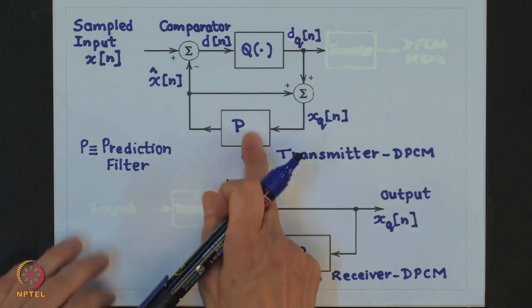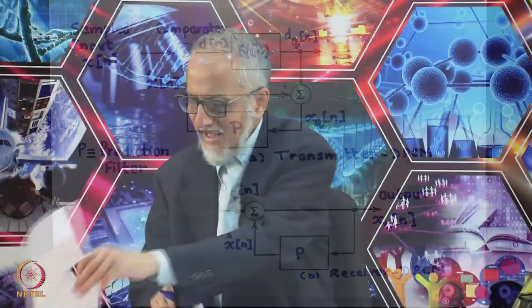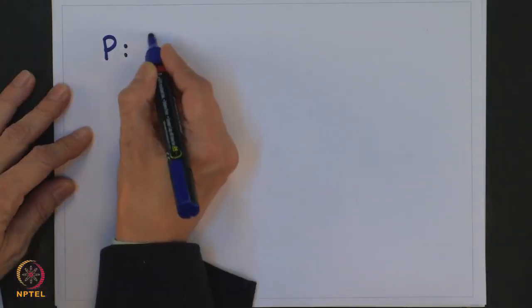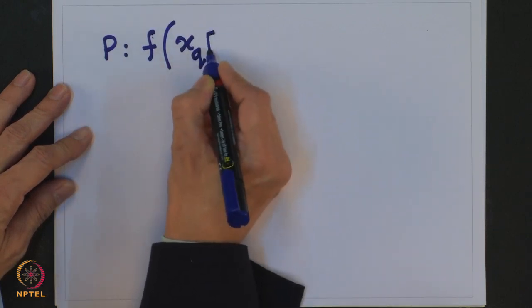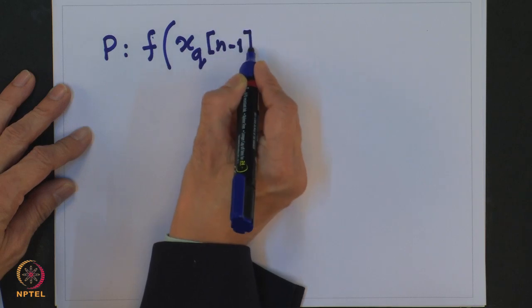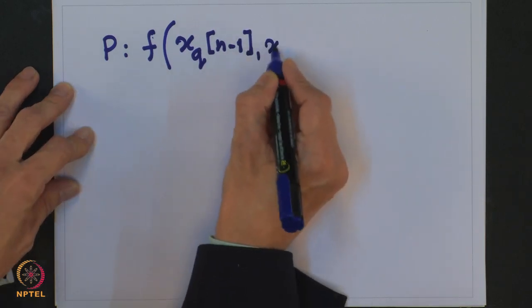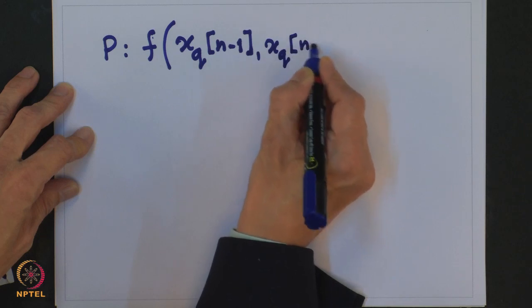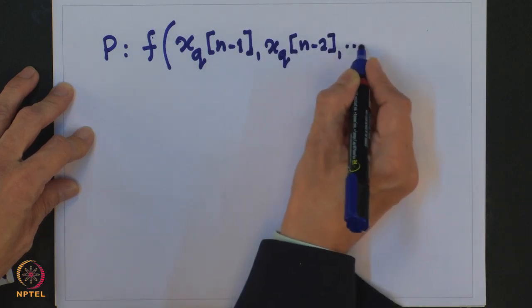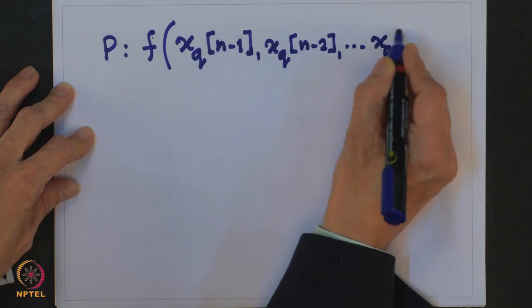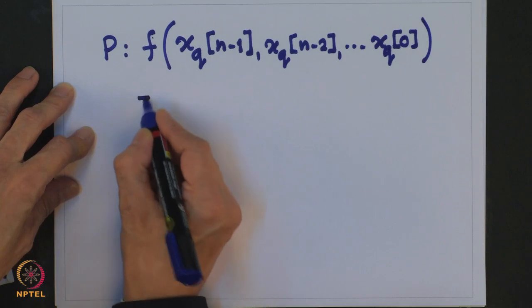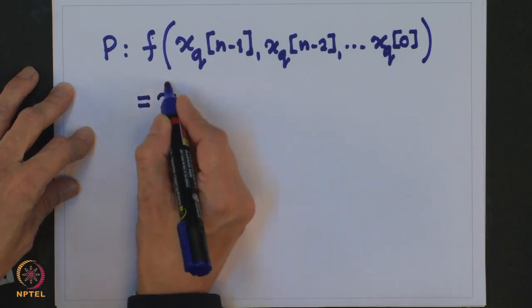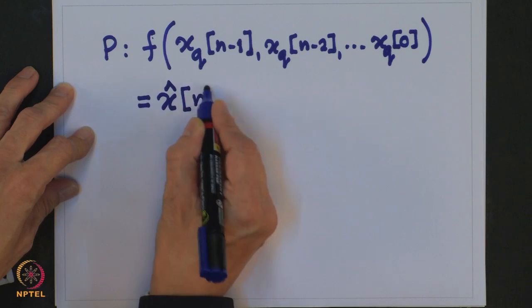Now, this P out here, the predictor block, is nothing but a function of the reconstructed past values, and this let us call x hat n.